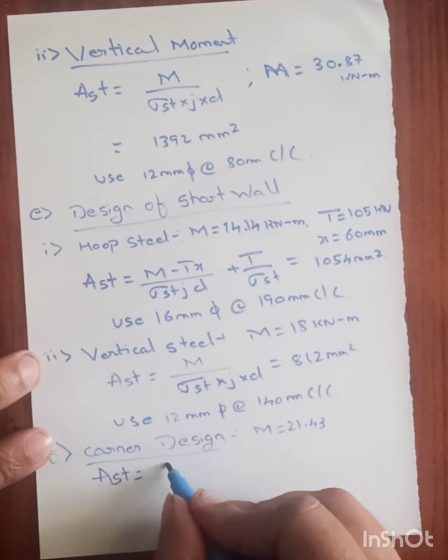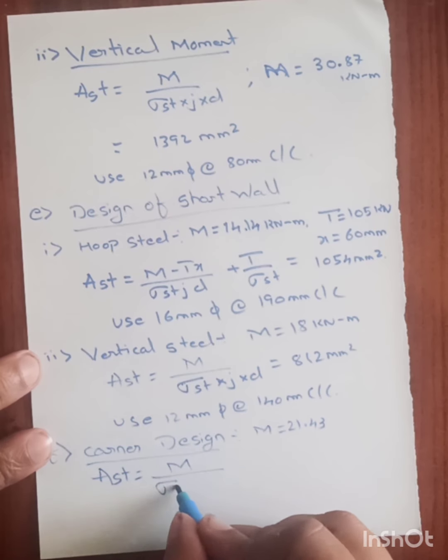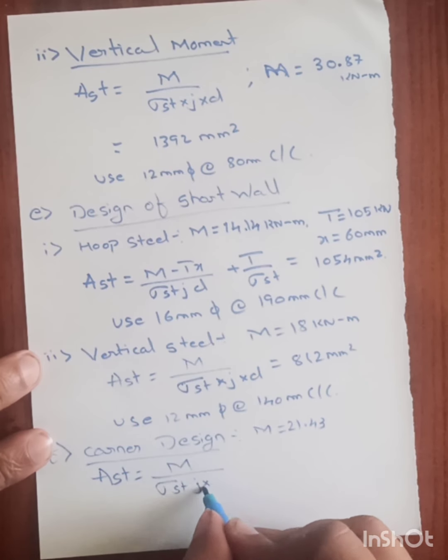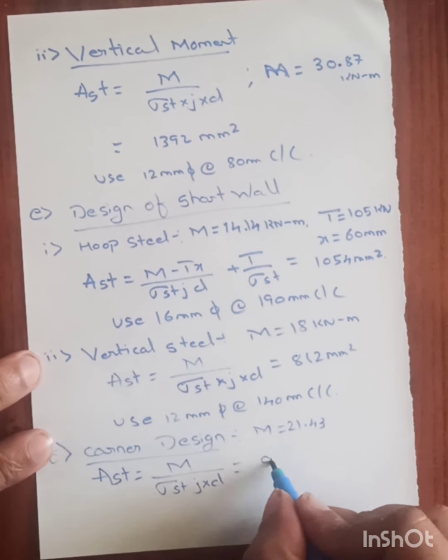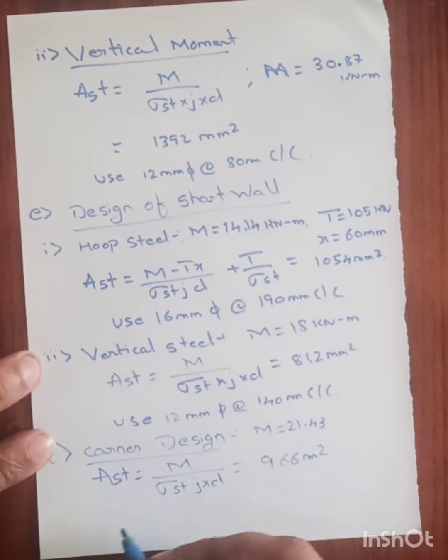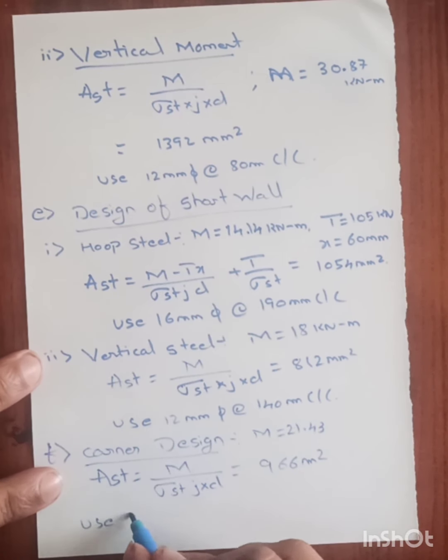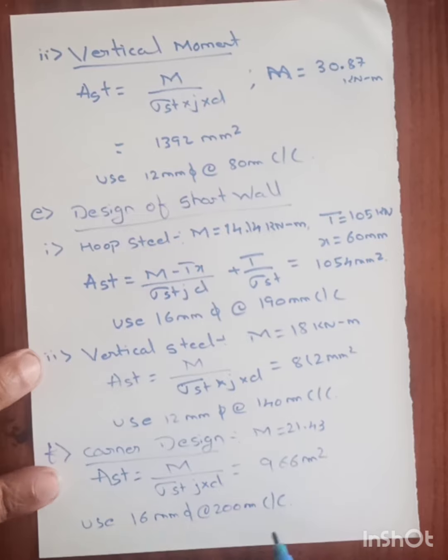AST will be M by sigma st into j into d, which is 966 mm square. So let us use 16 mm bars at 200 mm center to center.